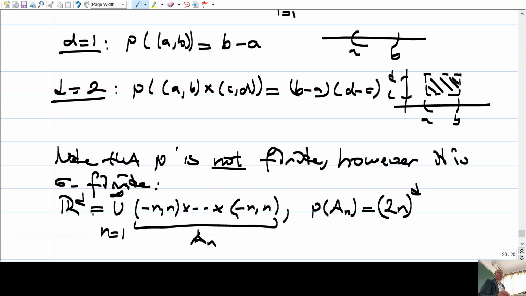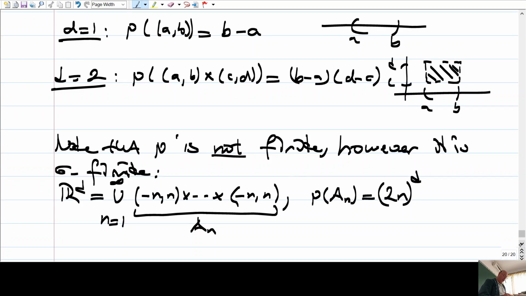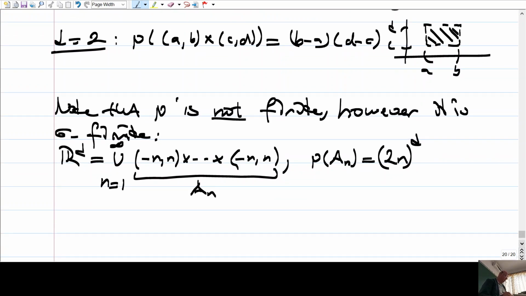And R^d, the whole space, is the union of these elements, right? It's a countable union, therefore our measure space is sigma finite. The total measure is infinite, nevertheless it is sigma finite.